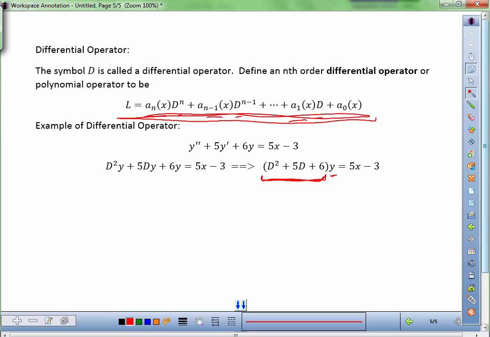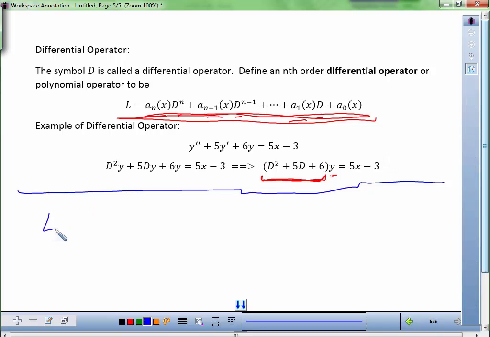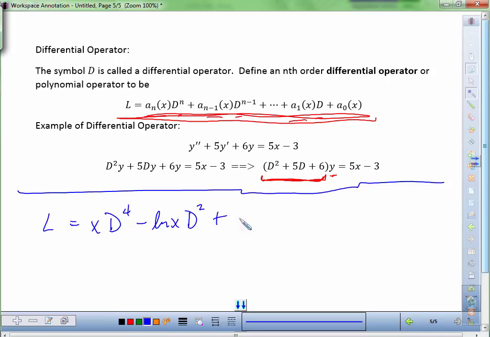I might not care. But let me see if I could try to explain it a slightly different way. What if my linear operator looked like this? It'll be x d to the fourth minus ln x d to the second plus 7.